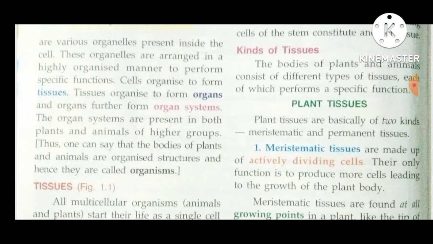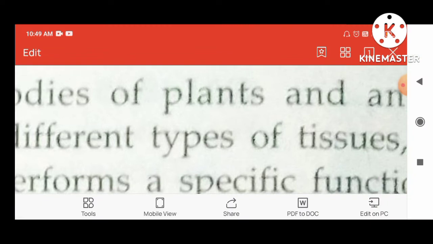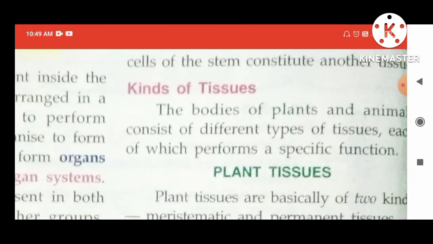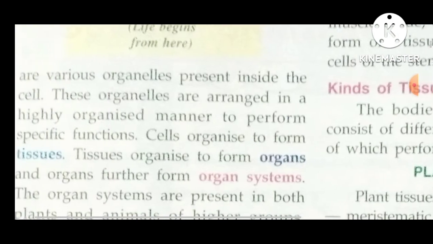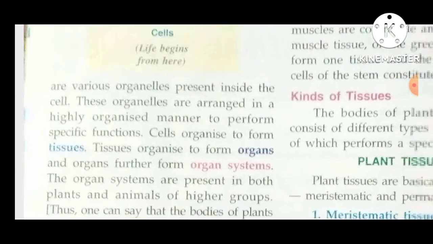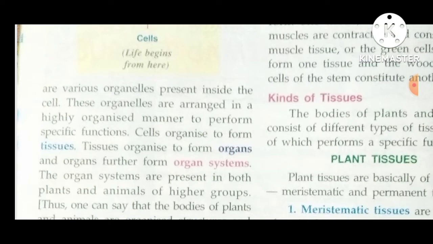This means that a group of cells which are similar in structure and perform a specific function form a tissue, and a group of tissues which perform a specific function in the body form an organ, and a group of organs performing a specific function in the body form an organ system.